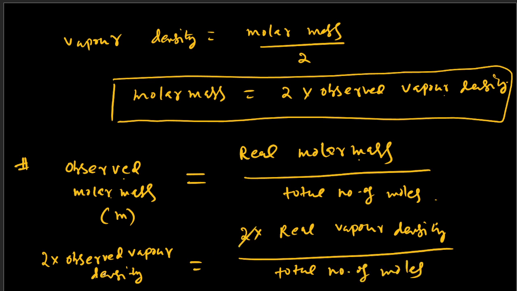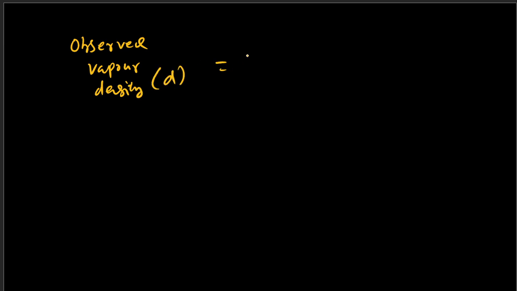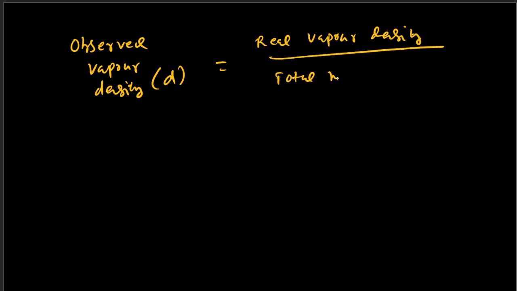So the 2 cancels. So the observed vapor density, small d, equals the real vapor density divided by the total number of moles in the mixture.